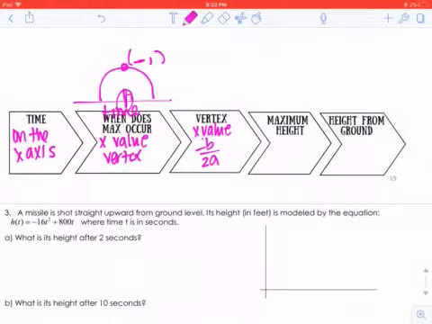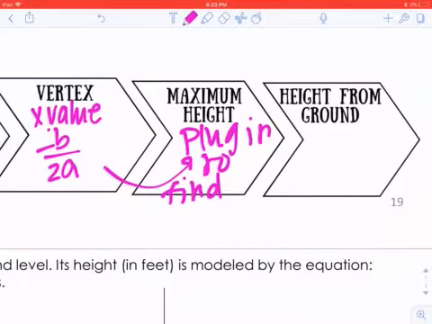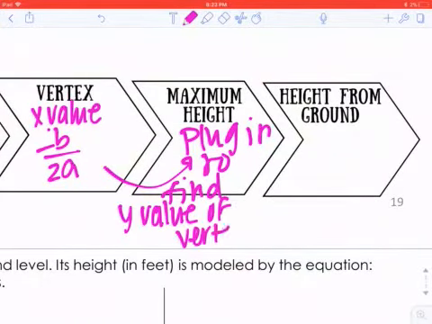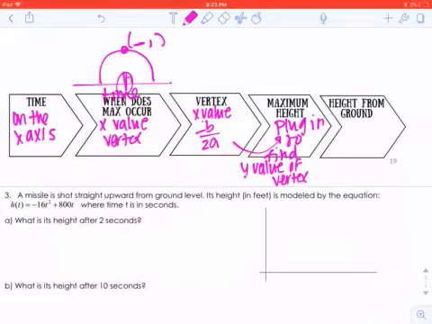And then the maximum height would be plugging that in. So you're going to plug in to find the y value of the vertex. And if it says something about the height of the ground, if it hits the ground, that means the height is 0. Okay?